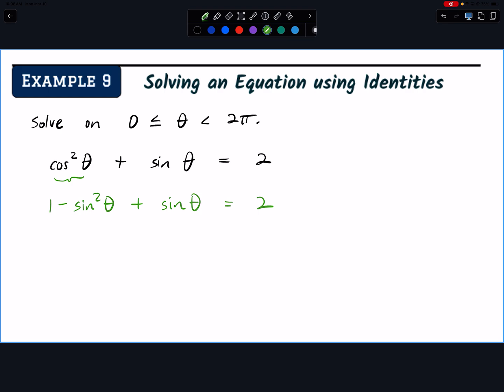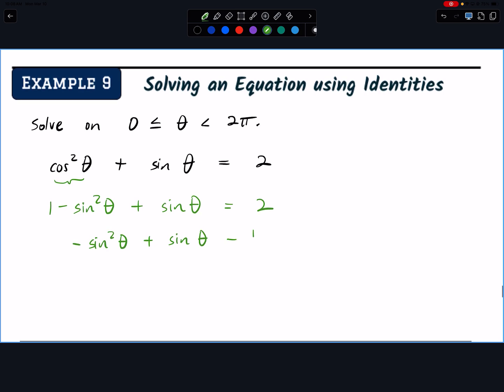Okay, I'm going to do a couple steps. I'm going to move this over. What would that be? Minus 1? And then if I'm just thinking in terms of math 2 stuff, when we factor or solve, we really don't want this to be negative when we can avoid it.